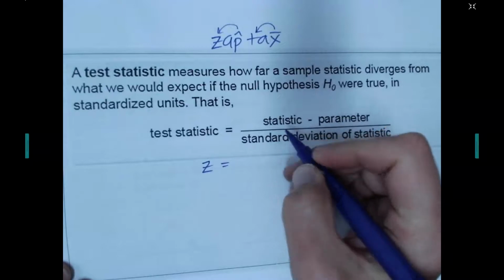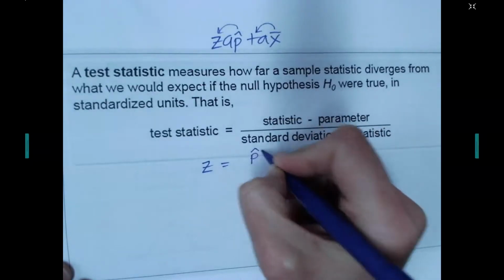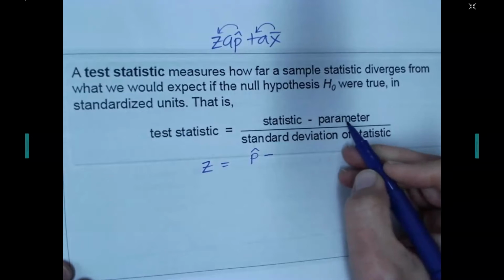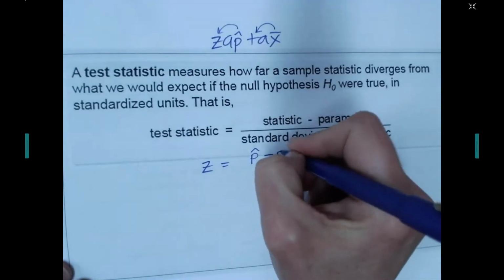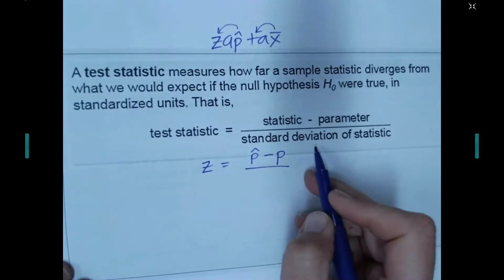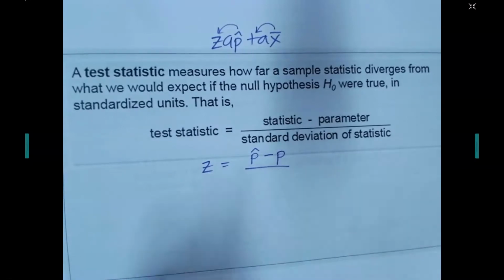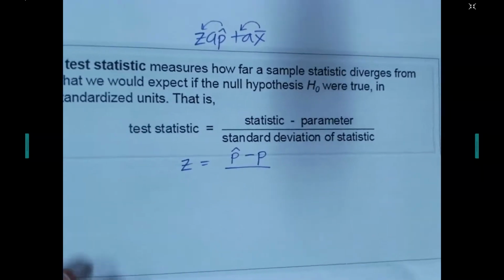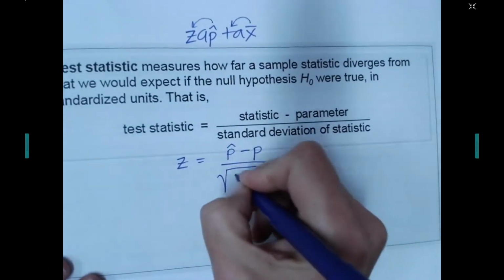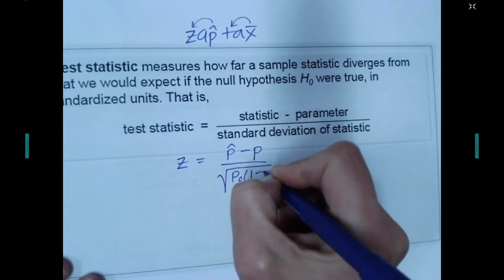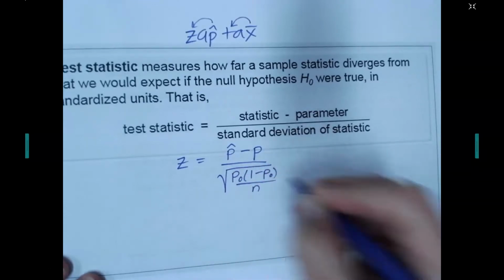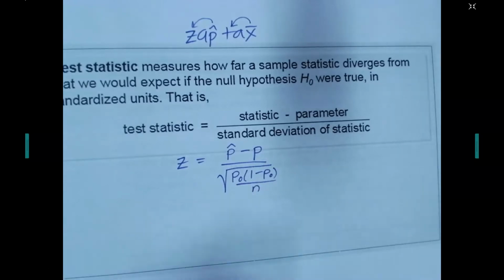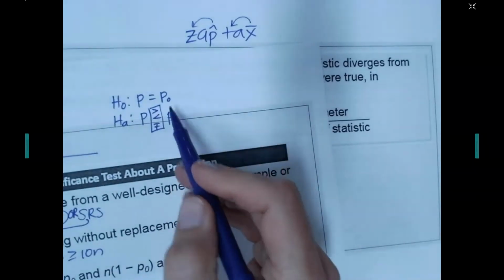If I'm dealing with proportions, the statistic is P hat. If I'm dealing with proportions, the parameter is the true P. And then the standard deviation of the statistic. Notice it says the standard error of the statistic, but what we're going to do is use the square root of, but we're going to use P naught, what's being assumed to be the truth.